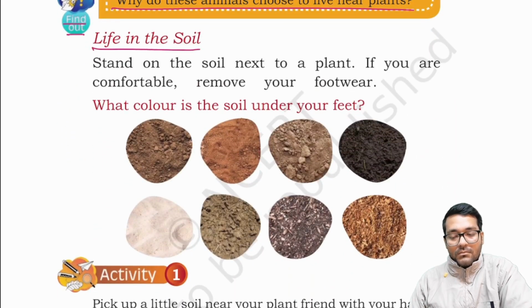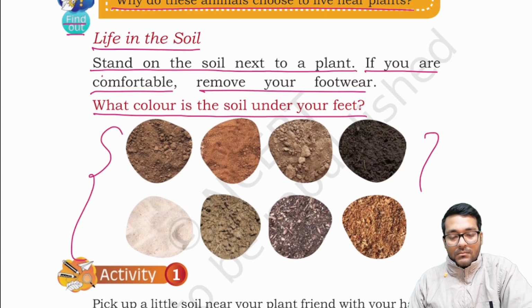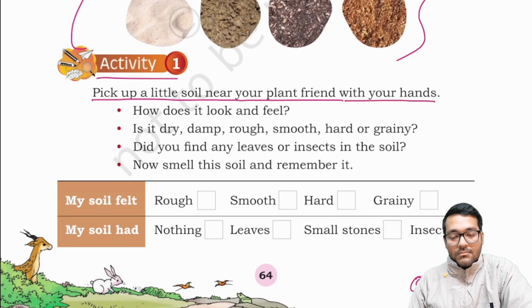Life in the soil. Stand on the soil next to a plant. If you are comfortable, remove your footwear. What color is the soil under your feet? Activity 1. Pick up a little soil near your plant friend with your hands.